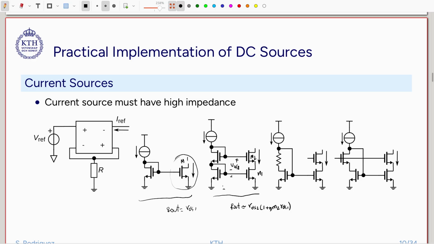We call this VGS2 and this VGS1, which basically means that the voltage signal swing at the output here is quite limited, because this point here will be basically VGS1. This voltage here will be limited to VGS1.